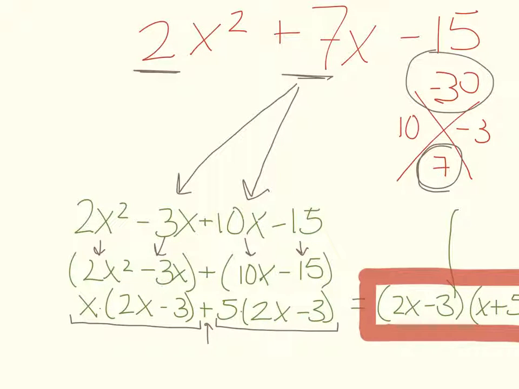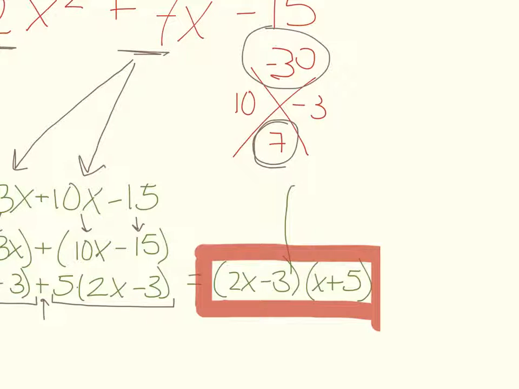And again, like any other polynomial, if you can find a factor that those terms have in common, then you can factor out that factor. And in this case, both of those terms have the quantity of 2x minus 3 in common. And so once you factor that out, you're left with the quantity of 2x minus 3 times the quantity of x plus 5.